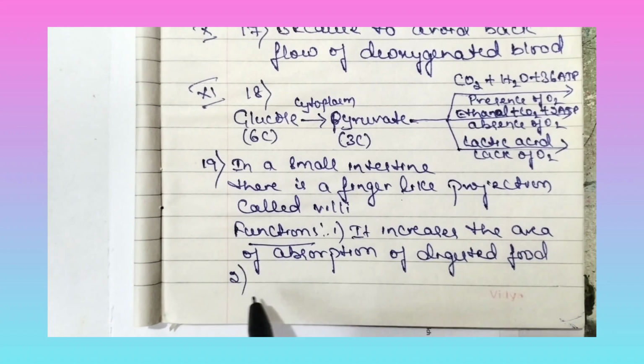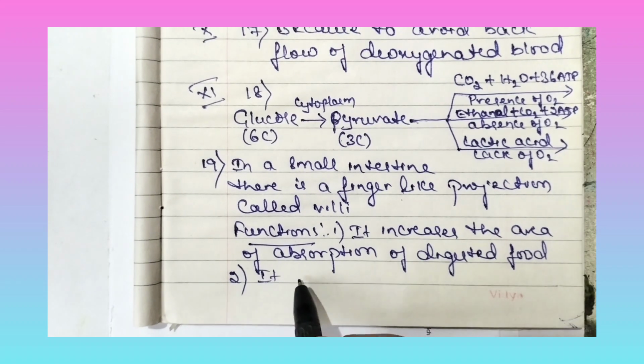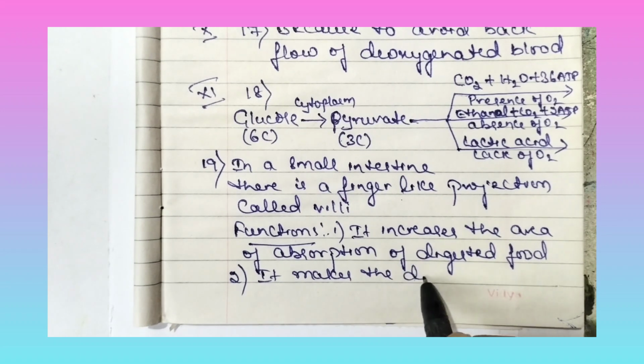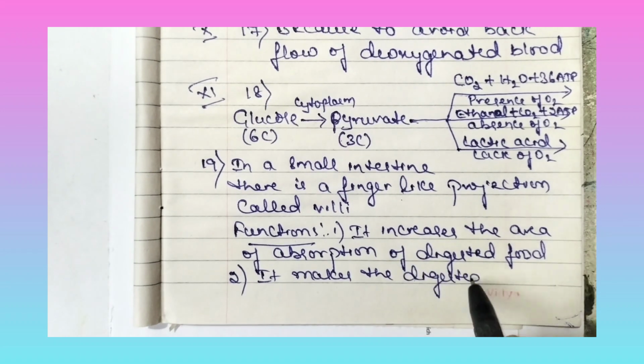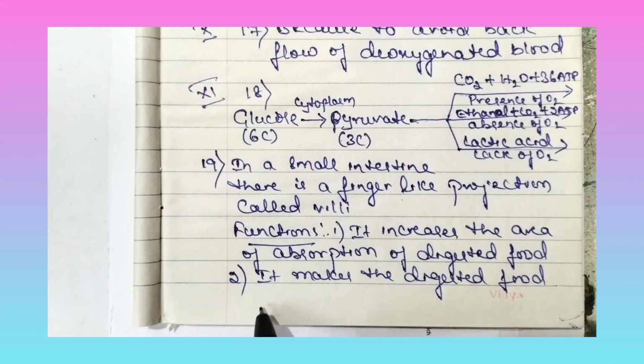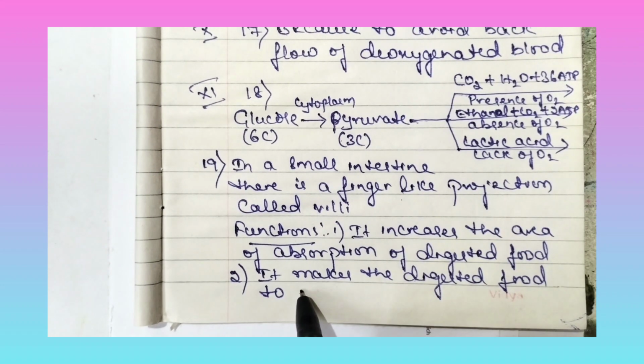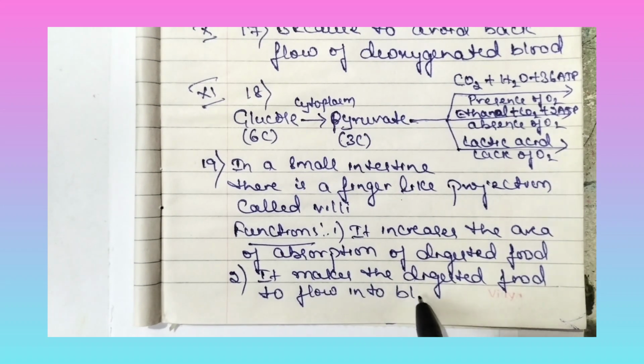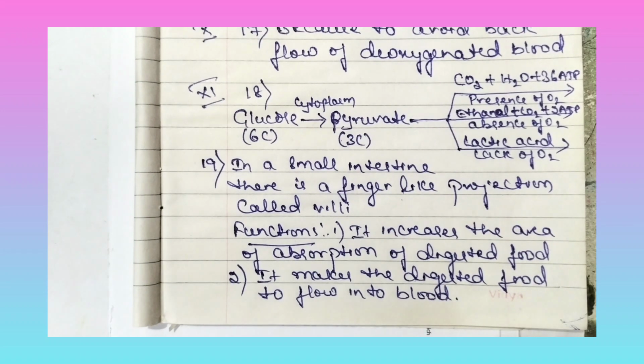And the second function of villi is that it makes the digested food flow into blood, so that the blood carries the digested food to each and every cell present in our body. So this is how villi function.